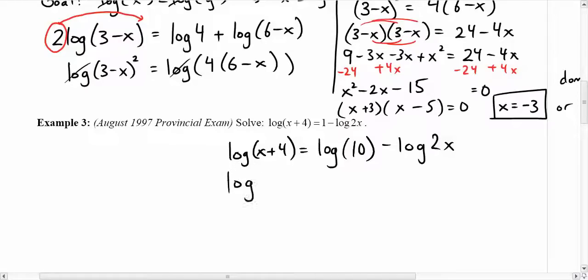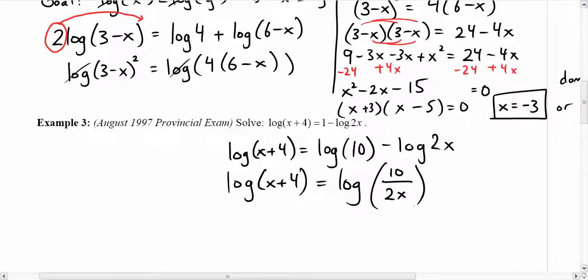Because I've got 2 logs on the right side, I'm going to change that to one single log by dividing the 2 expressions, because subtraction of 2 logs turns into division inside one log by the quotient law that we learned yesterday.